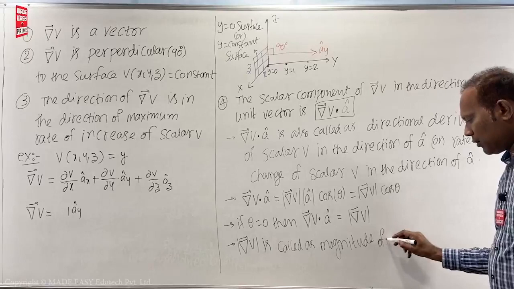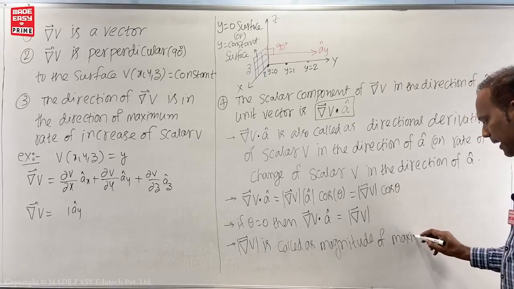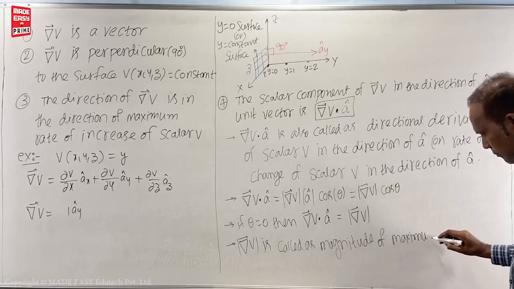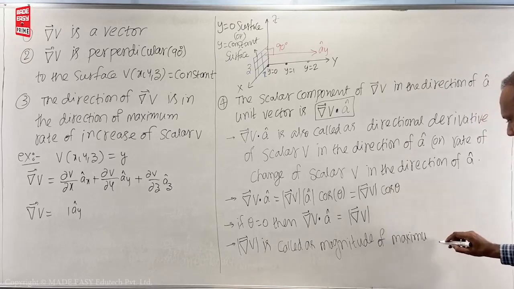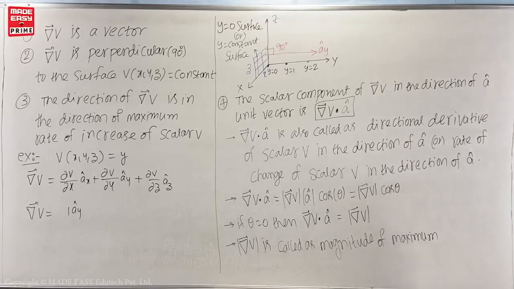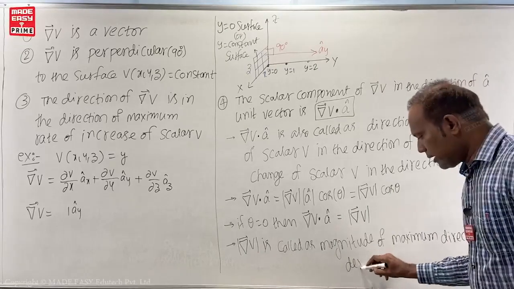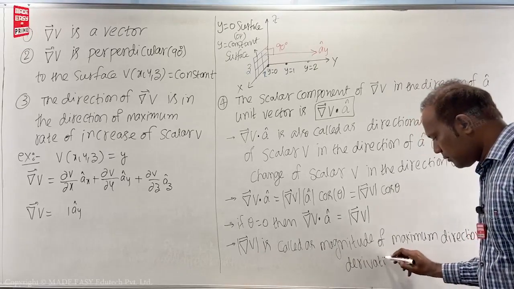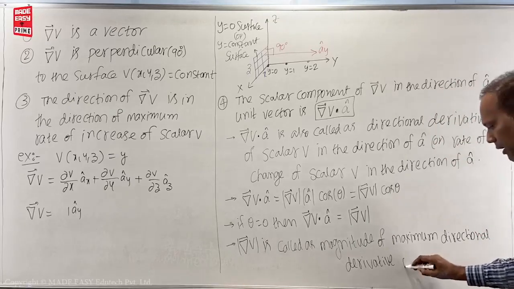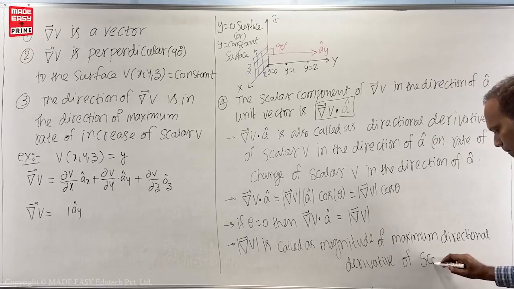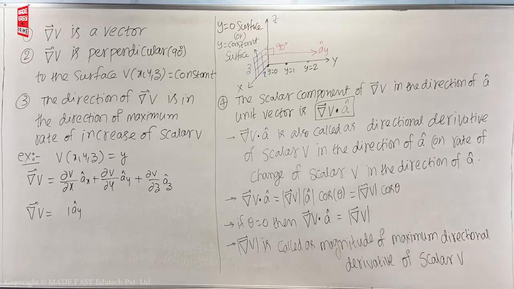So you call the magnitude of grad v the maximum directional derivative of scalar v. Every time I am writing scalar, here it means v.